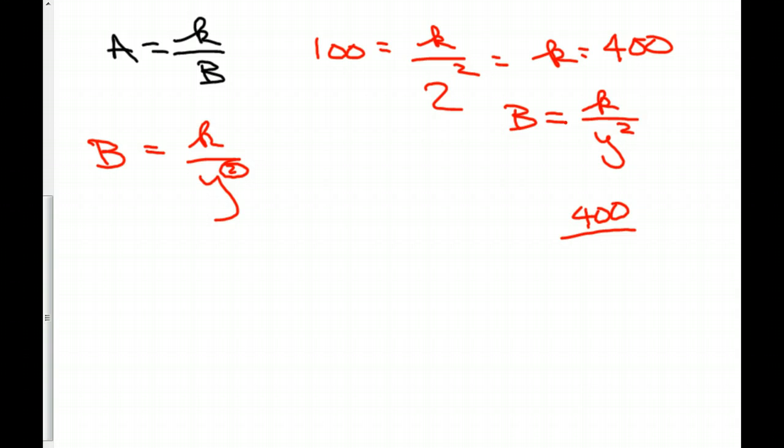Put it underneath the 400 and square it. And that is going to equal our blues, which are what we're looking for. So how many blues do we have when we have 10 yellows? Okay, 400 divided by 100, which is 4, yes. So our B equals 4.